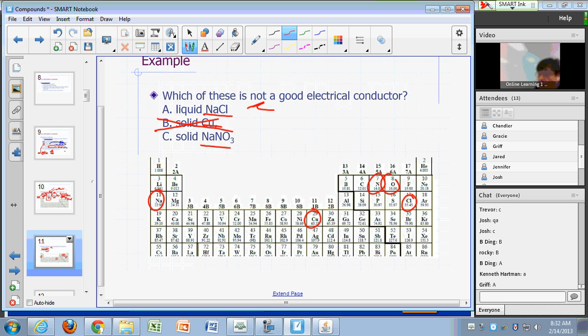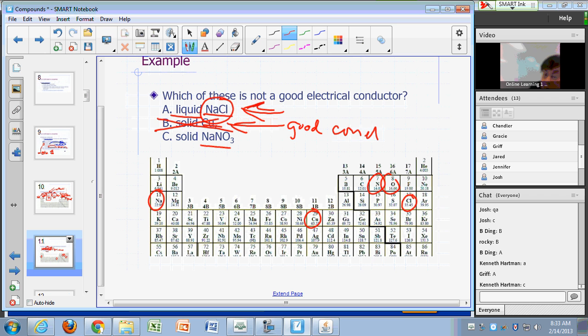So this is solid copper, so metal is a good conductor. Ionic compounds that are melted, in molten form, are also good conductors. So the correct answer is C. Right?